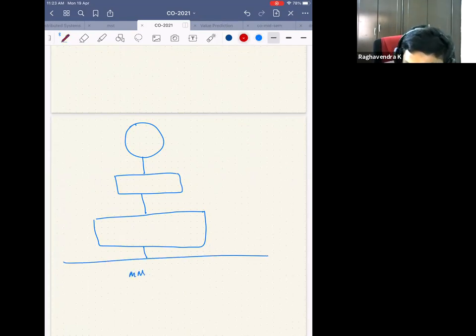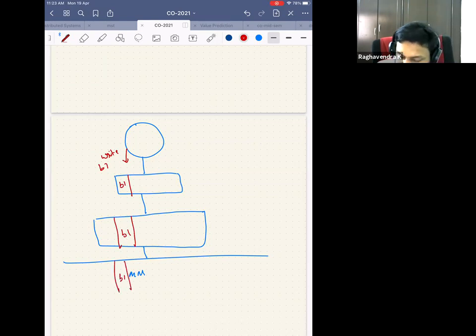So when the CPU generates a write for block B1, let's say the block B1 is here and also here, and you are very sure that block B1 is also in main memory. When the CPU generates a write, you can adopt a write through policy. I'll write it down. It's called write through policy.